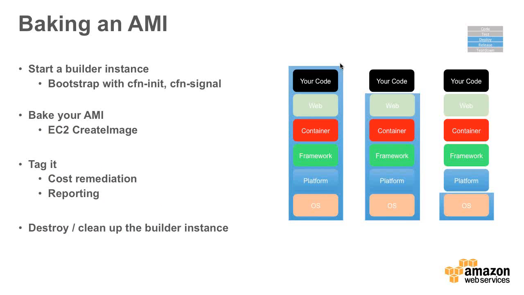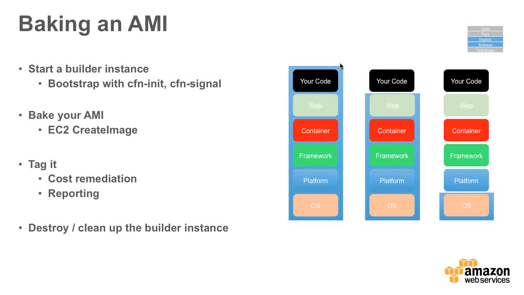And then our unit for deployment, or our artifact that we're going to deploy, is no longer a tar gzipped file or a WAR file or an archive of some sort. It's actually a complete Amazon machine image, which completely describes the machine on EC2.